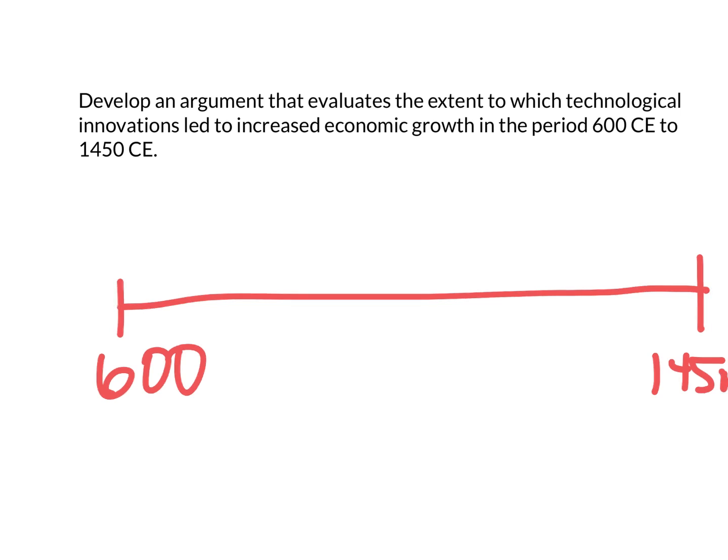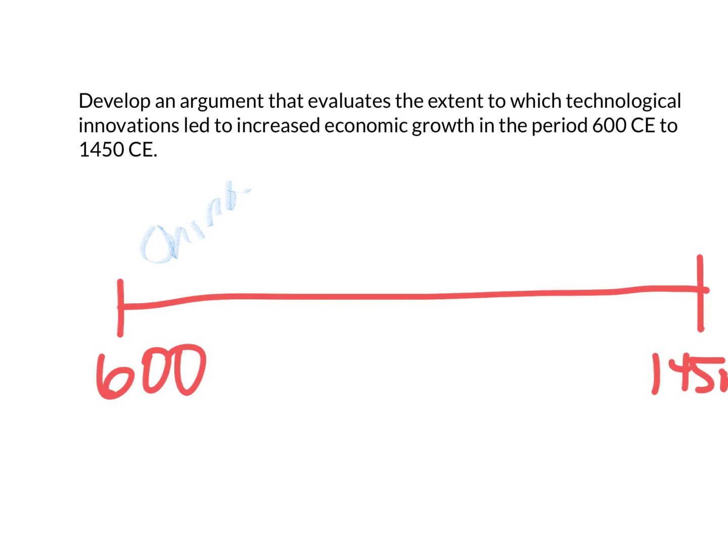All right, so what kinds of things are we going to be looking at here from 600 to 1450? Anything that is going to talk about a technological innovation that's going to eventually lead to an economic growth. So there are lots of technological innovations coming from China.